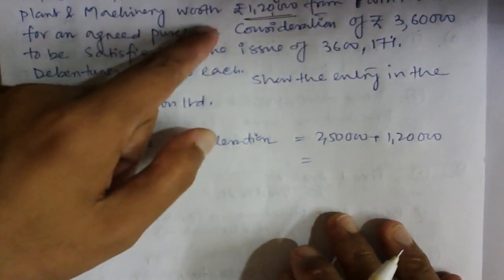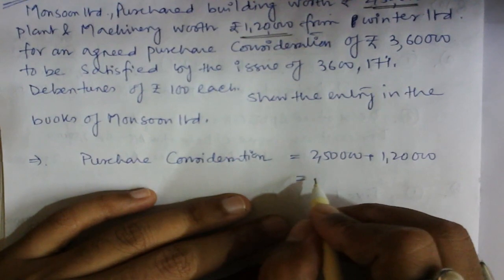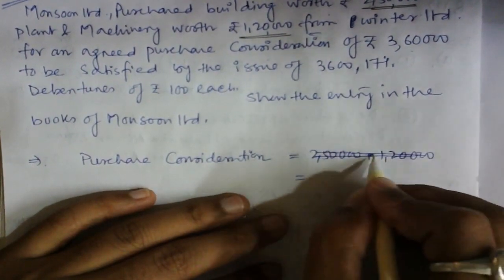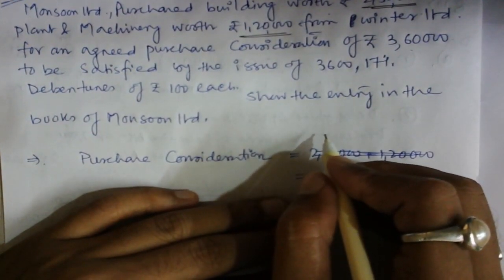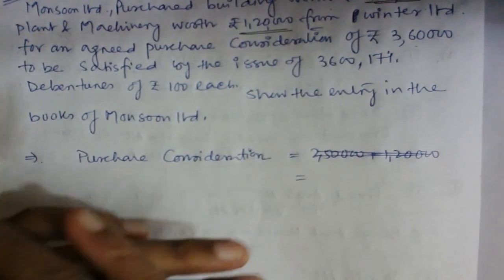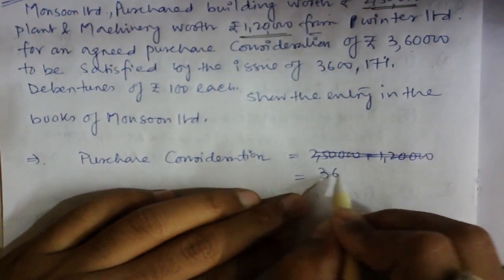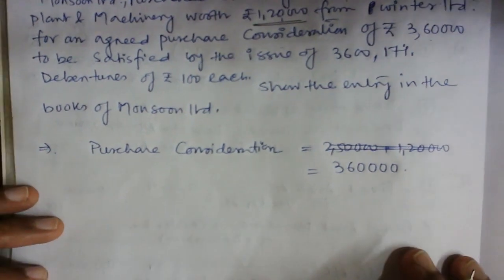See, you are receiving your purchase consideration is how much, sir? कितना होगा purchase consideration कितना है बोलिए तो. What is the purchase consideration here? 3,60,000 guys, clear? Purchase consideration 3,60,000.